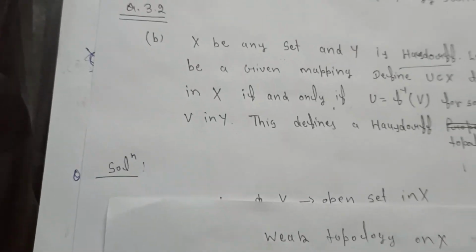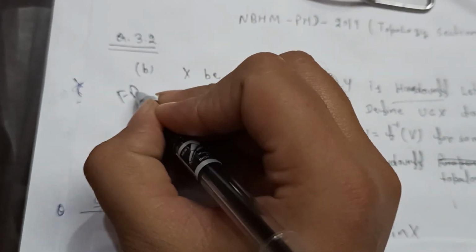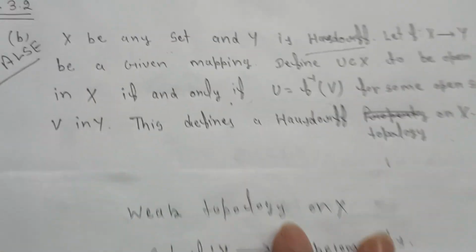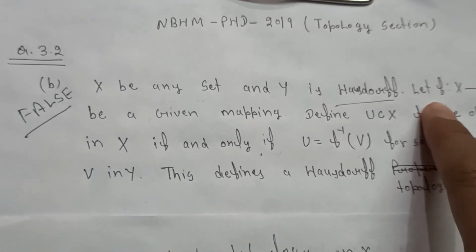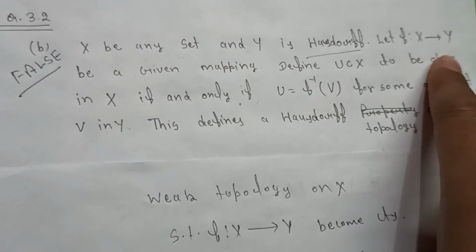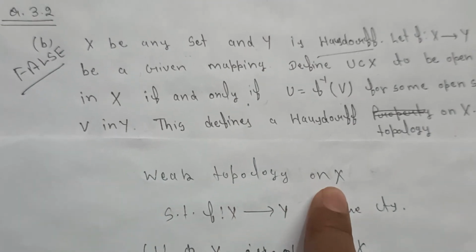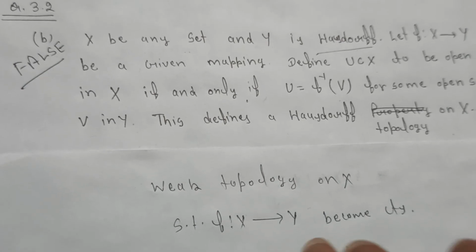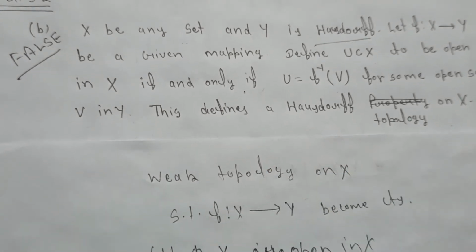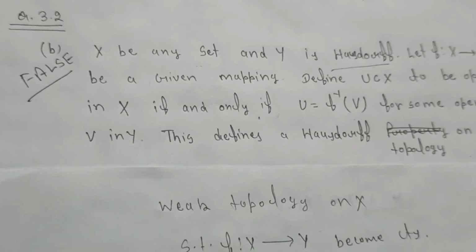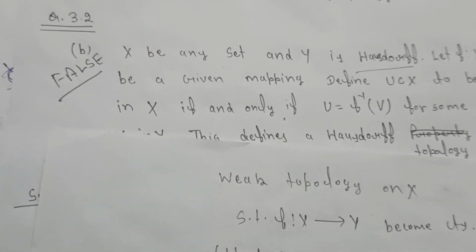So the given statement is false, because he is saying that whatever mapping we take from X to Y, and we define the weakest topology on X such that f becomes continuous, then this defines a Hausdorff topology on X. No, this is not true, because we see that in the case of a constant function it will fail. Okay, thank you.